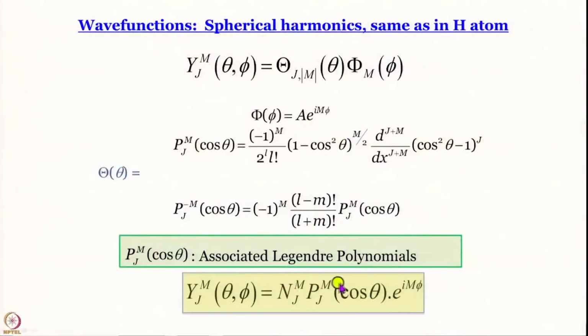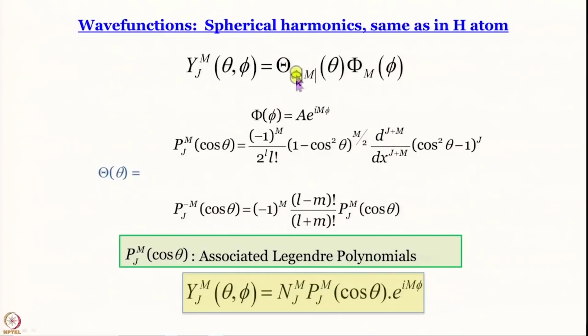And again, these polynomials are actually very special polynomials. They are associated Legendre polynomials, which means that one can write similar recursion relations among these polynomials as one could for the harmonic oscillator wave functions. So, the crux of the matter is that the wave function that is called spherical harmonics is given by a product of a phi dependent part and a theta dependent part.